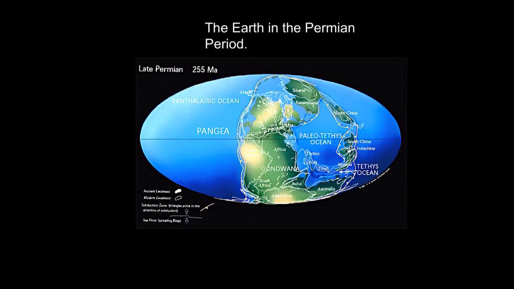You have Antarctica, Australia, India is labeled there, South Africa is labeled there, Africa, South America. You can see where South America and Africa split off, or at least most of Africa. And North America, I think, is labeled somewhere. I just can't see it. And you have Siberia and North China up there as well. So, yeah.